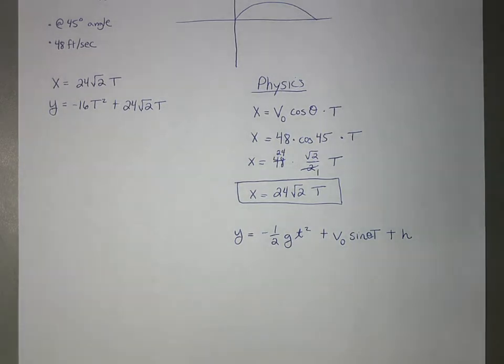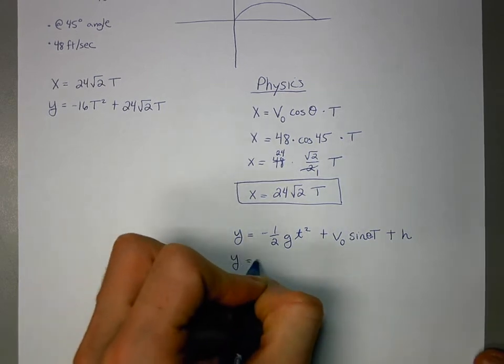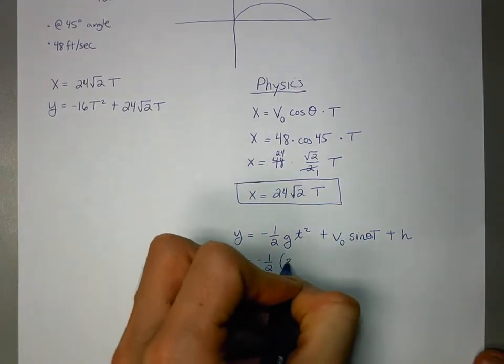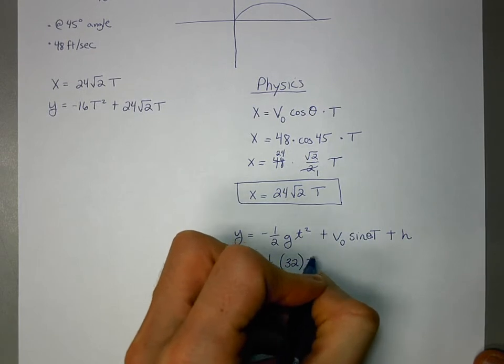g is the acceleration due to gravity, which is 32 feet per second squared. Since we're talking about feet here, we'll plug in 32 feet per second squared.